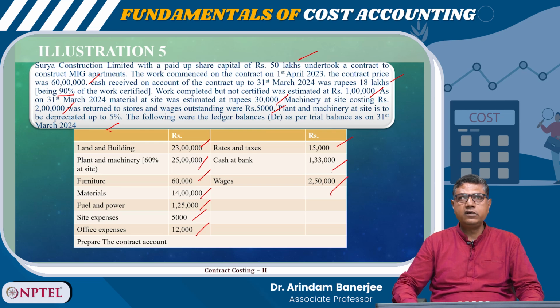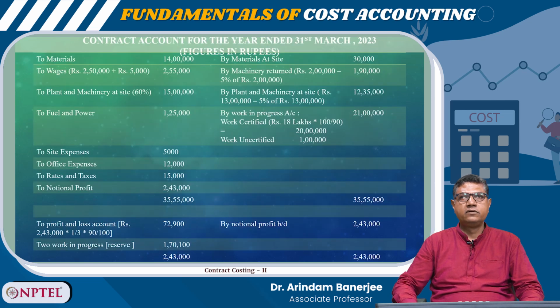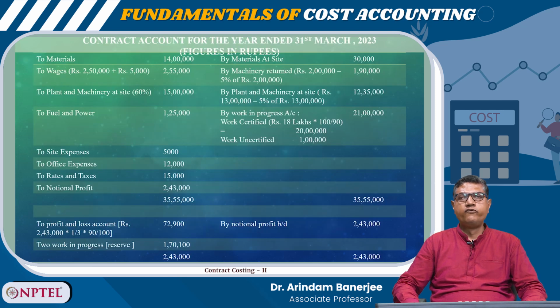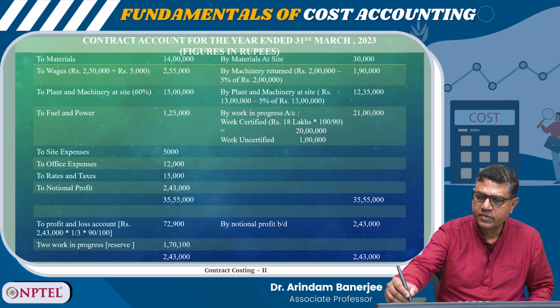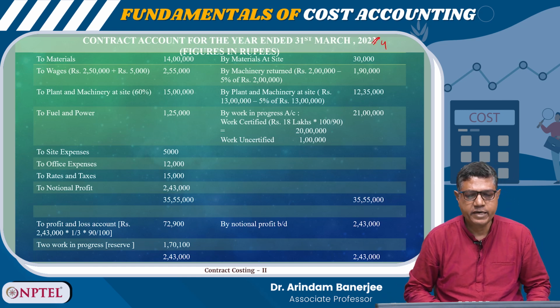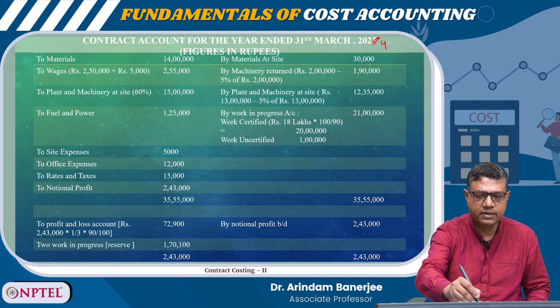So these are our figures. Using this, we can construct the contract account for the year ended 31st March 2024. Materials is 14 lakh.